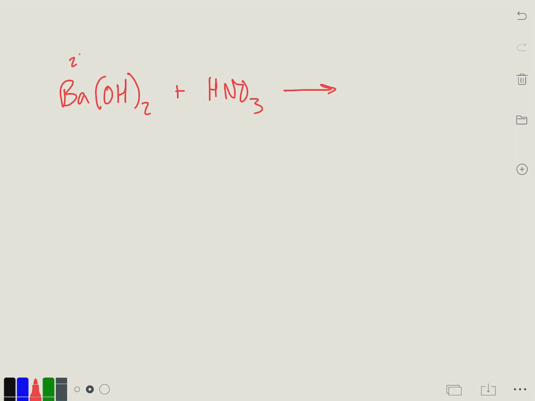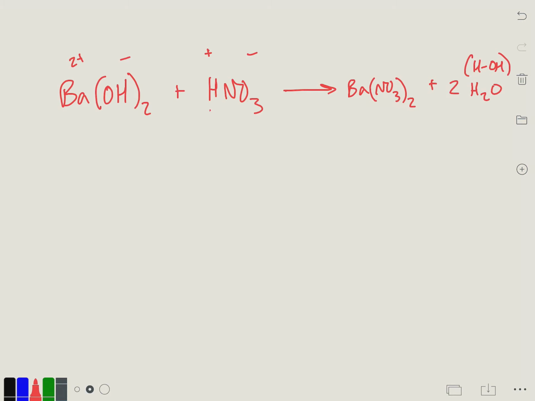So it helps to know the charges on all of these guys. So Ba is 2+, so when it pairs up with nitrate, we're going to need a couple nitrates. And then when the H pairs up with the OH, there are 2 OHs here, so we're actually going to end up with 2 waters, or 2 HOHs.